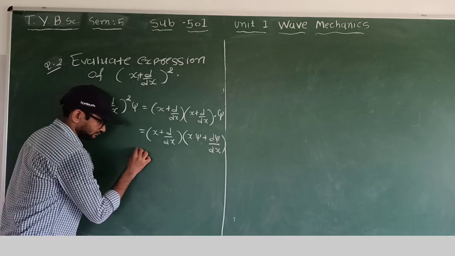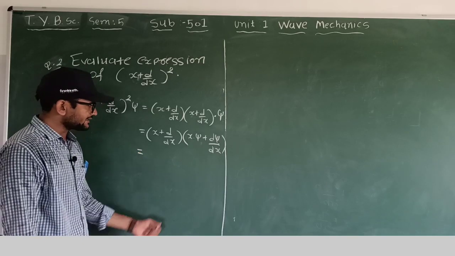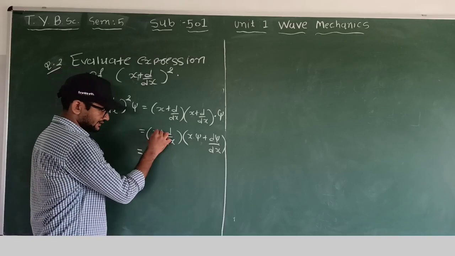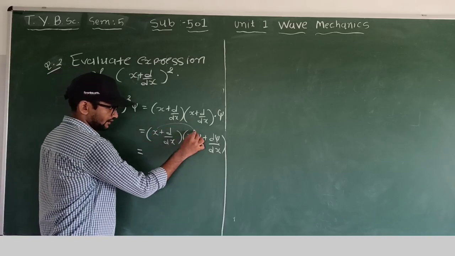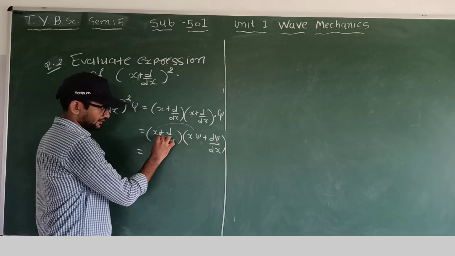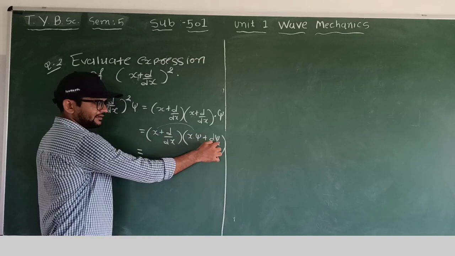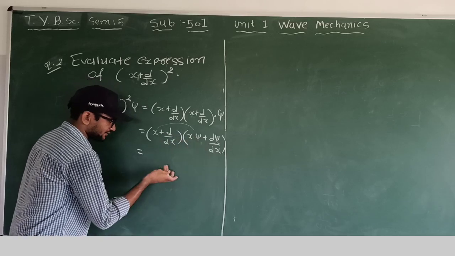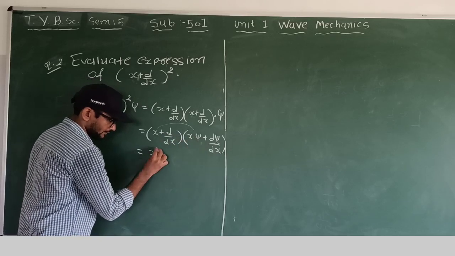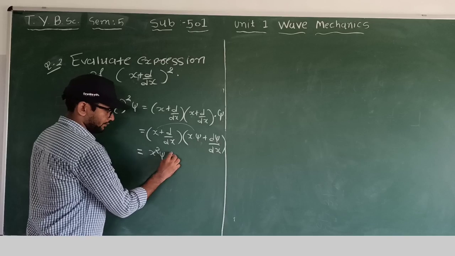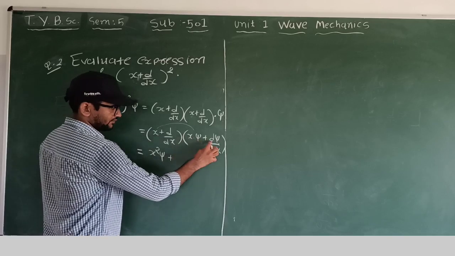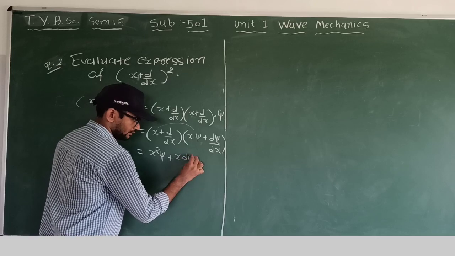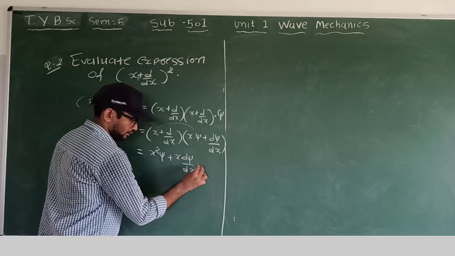Now, a multiplication of two brackets means first this x is multiplied with this term, and in another step this d/dx is multiplied with this term. It means x into sin gives x square sin, plus x into d sin/dx.